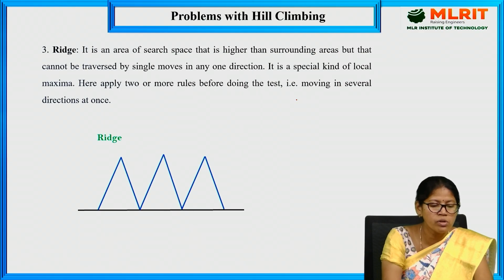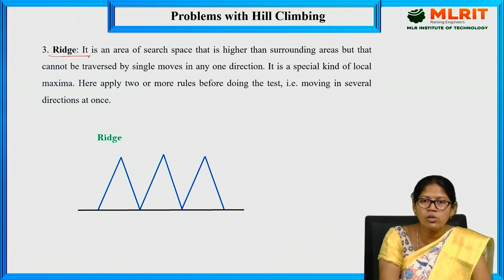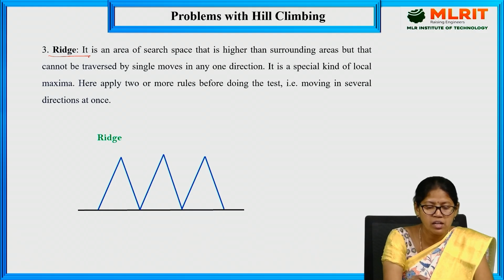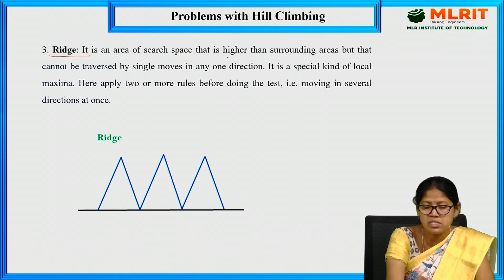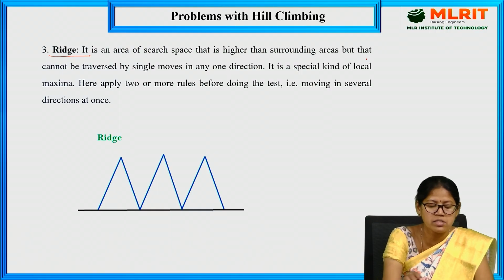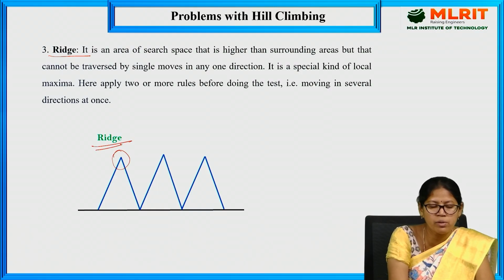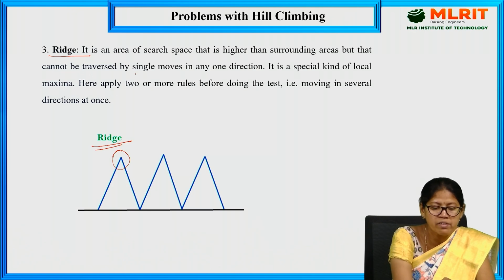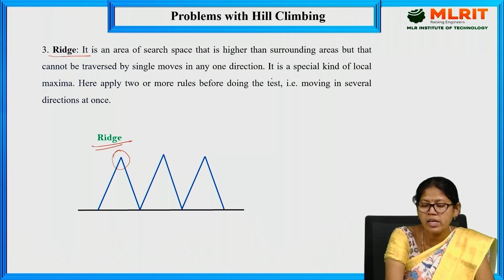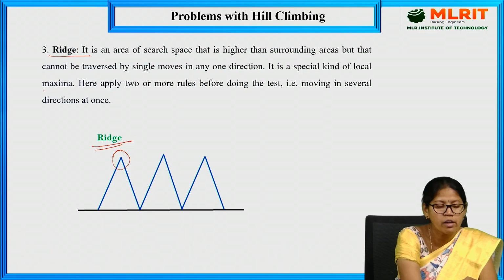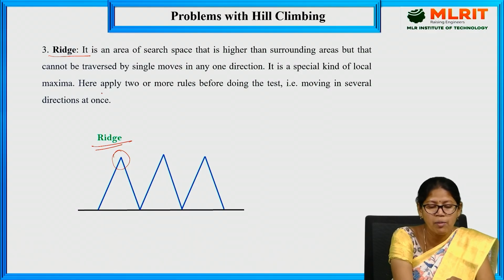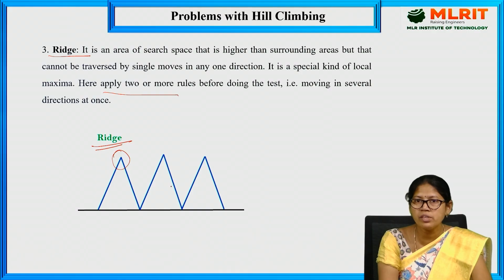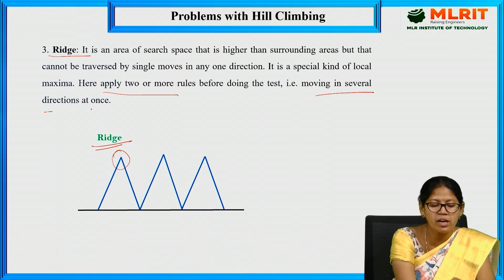The third one is the ridge, another problem with hill climbing. Look at this. It is an area of search space that is higher than surrounding areas. It is one of the local maxima only. It is a special kind of local maxima. To backtrack, apply two or more rules before doing the test, moving in several directions at once.